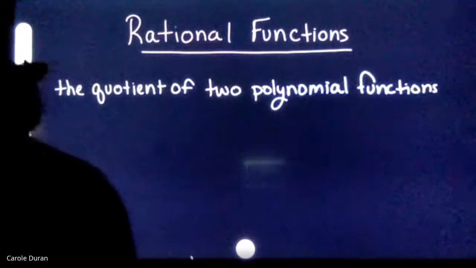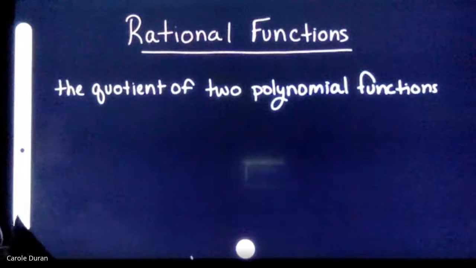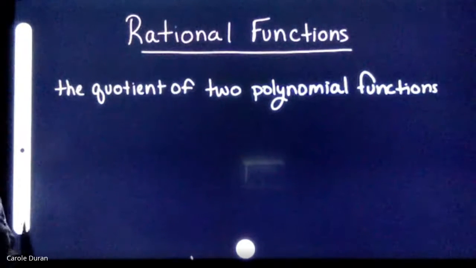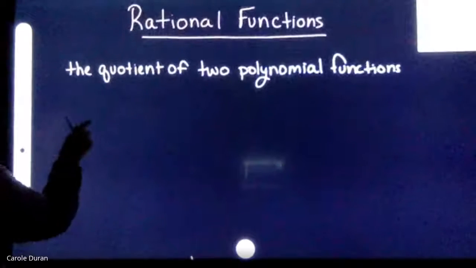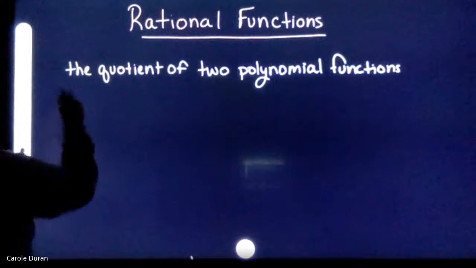But something unique that happens with rational functions is that they allow for places where our graph doesn't actually exist, and we call those asymptotes. I know it sounds like a cuss word, but it's not.